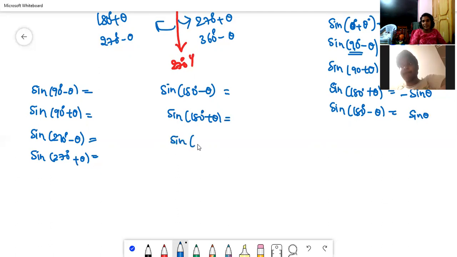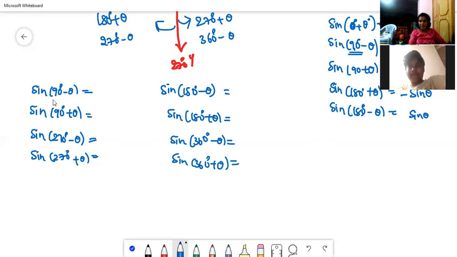Sine of 360 degrees minus theta. Sine of 360 degrees plus theta. Just observe, these are even degrees and odd degrees. When odd degrees are there, then sine becomes cos theta.